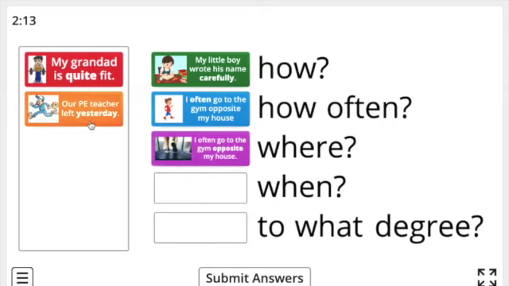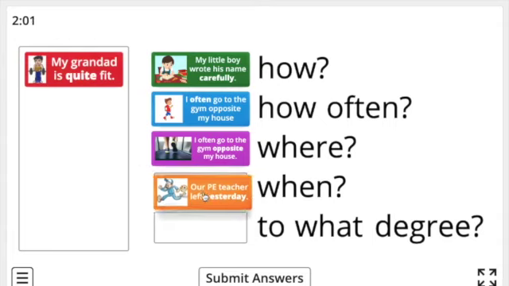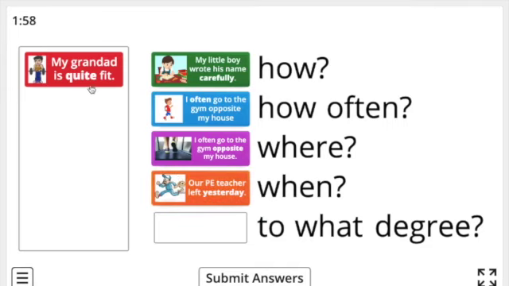When? Our PE teacher left yesterday. Or my granddad is quite fit. Quite or yesterday? When? Yes, our PE teacher left yesterday. To what degree? Okay, an example of degree we have discussed just now is quite.